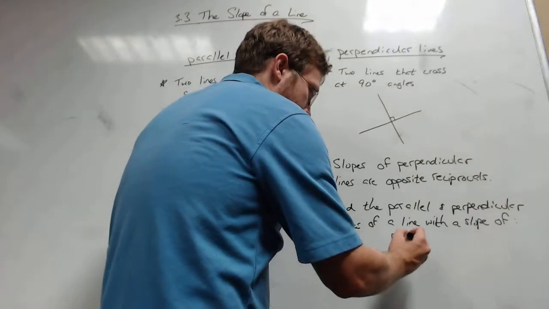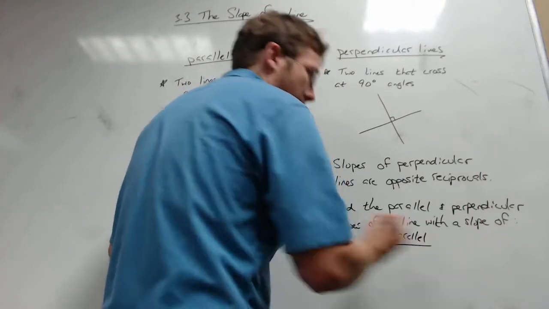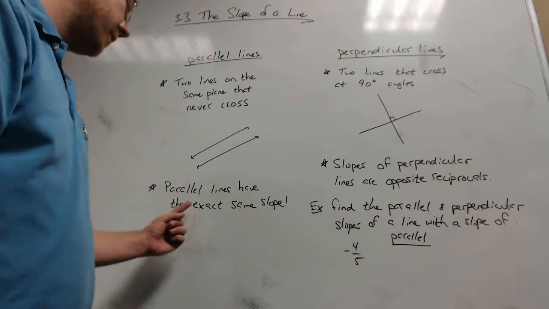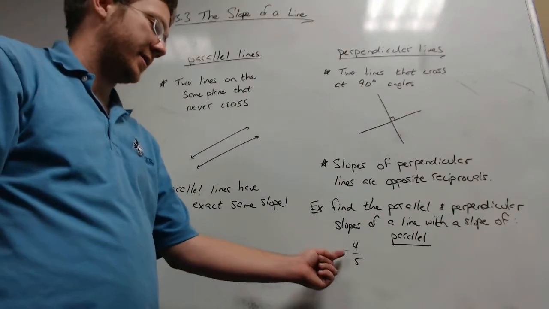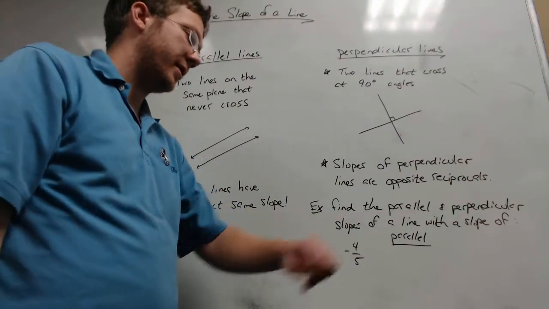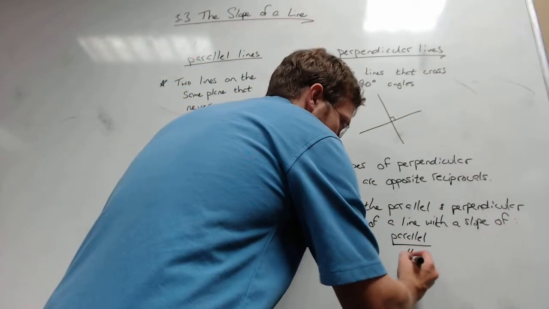If we want to find the parallel slope, that's easy enough. Parallel lines have the exact same slope. So if my line has a slope of -4/5, any parallel line better have the exact same slope.